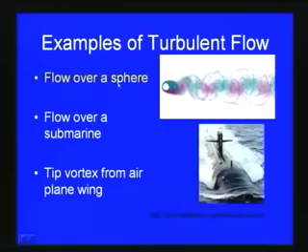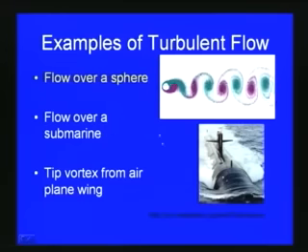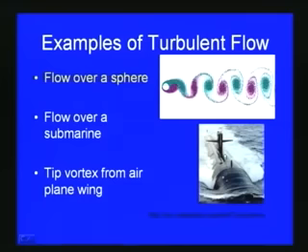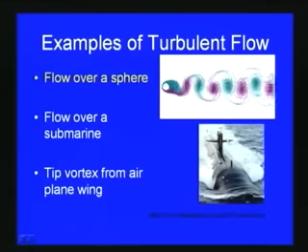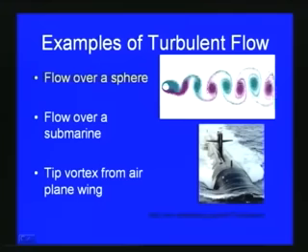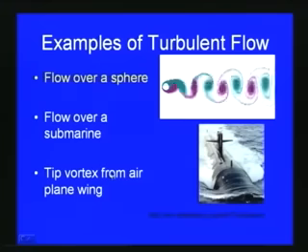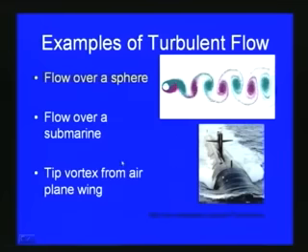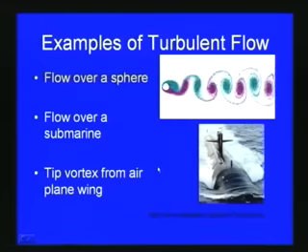So, this is an example for a sphere, and as we have already seen, flow over a submarine. Here you can see a submarine and how much turbulence is created surrounding it. These figures are taken from the website shown here. Especially when an aeroplane is flying, the tip vortex from the airplane wing is also a turbulent flow.